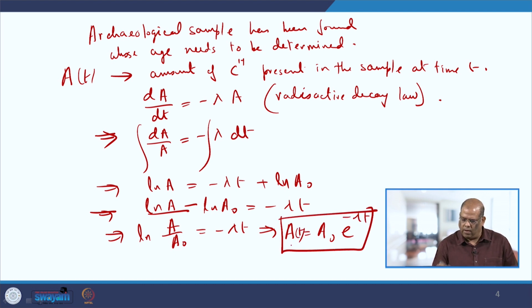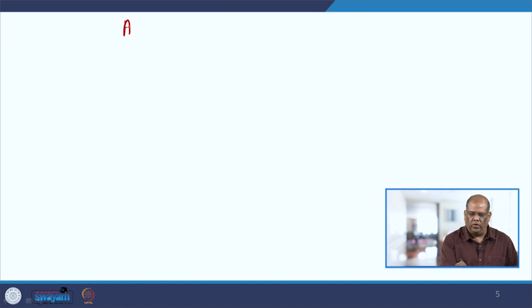You can write this as A(t), which gives the amount of carbon 14 present in the sample at any time t, and A0 is the initial value.